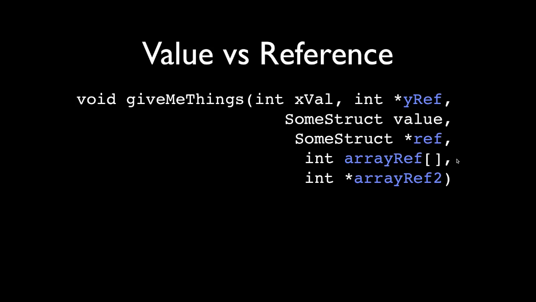I really wanted to make it clear: those two are exactly the same type. The last two array references, they both are pointers. The only real difference, and the only reason those differences are there in the language, is the second to last one, array ref. That one really drives it home that you're passing an array. You wouldn't pass a generic pointer reference in like that.